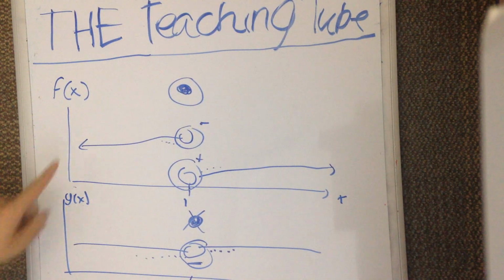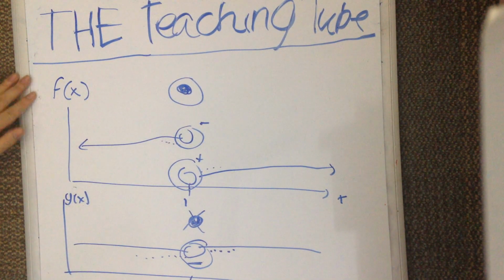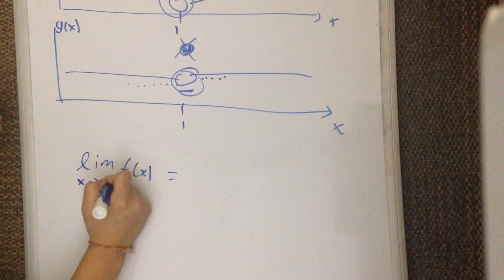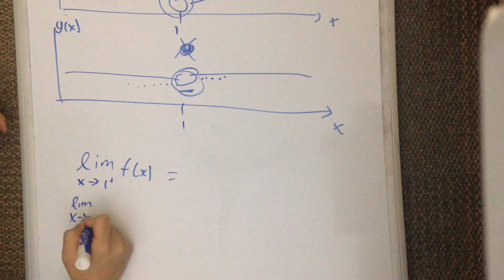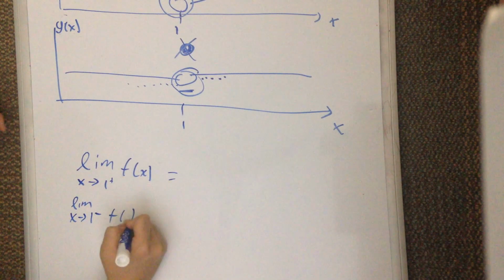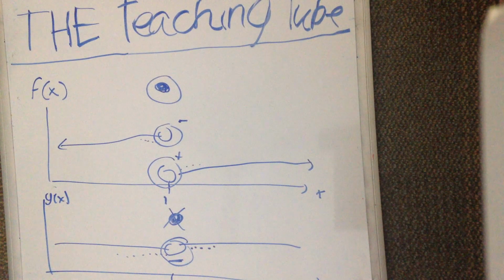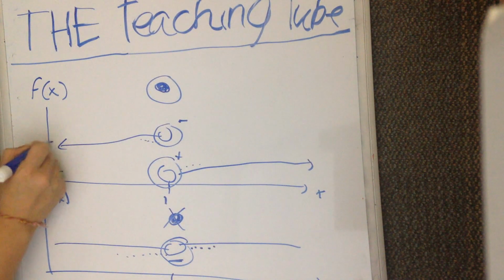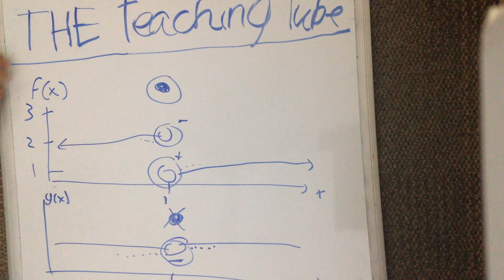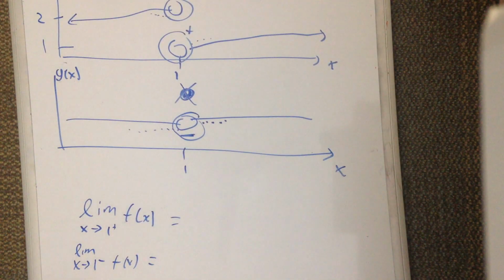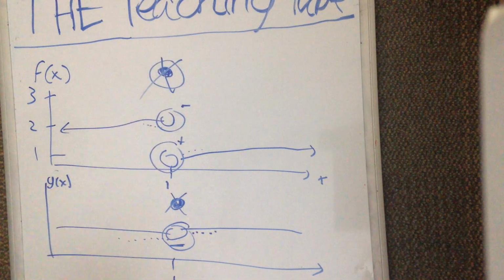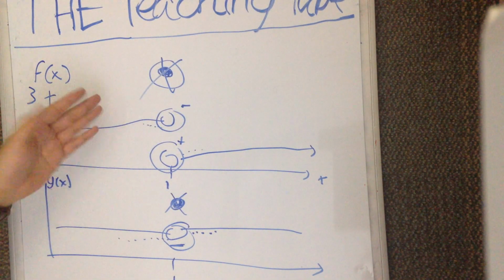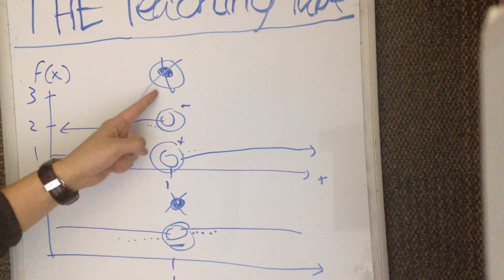Why don't we first do the positive and negative sides of f of x? Now I get to assign some values to these things. Why don't we give it 1, 2, and 3? If we look, 3 is never the right answer, because there's nothing telling us that we would ever get there. This is just a shot in the dark.